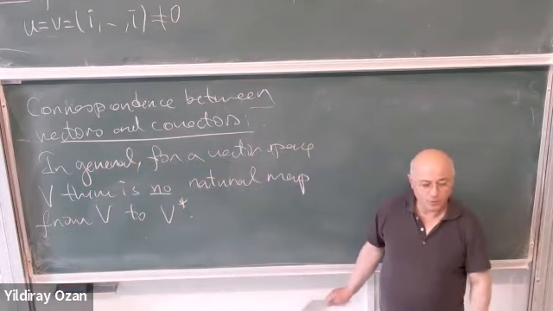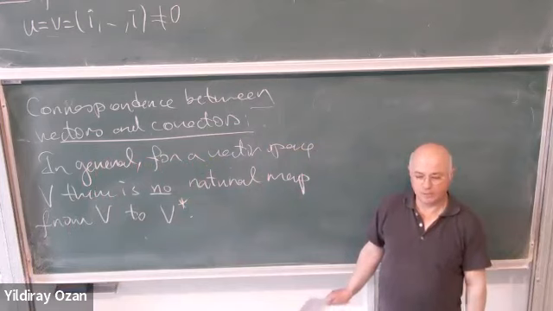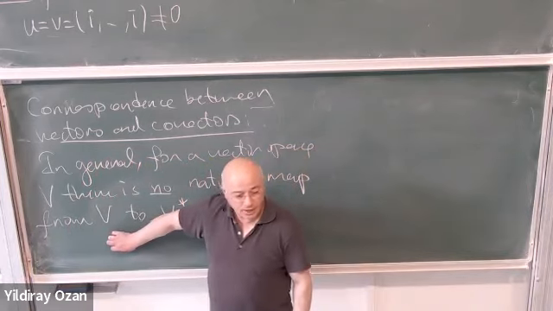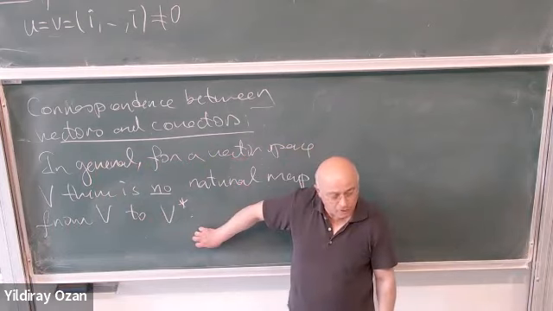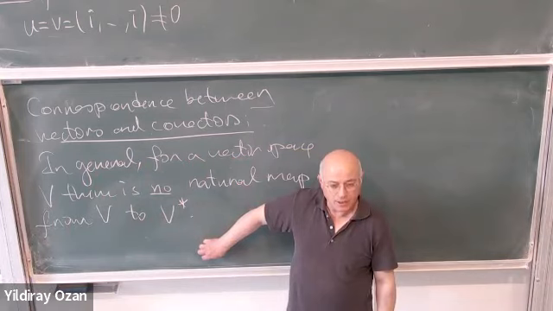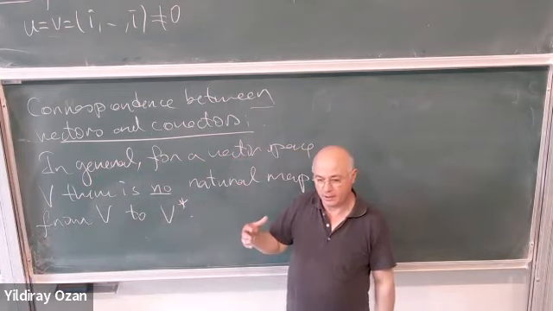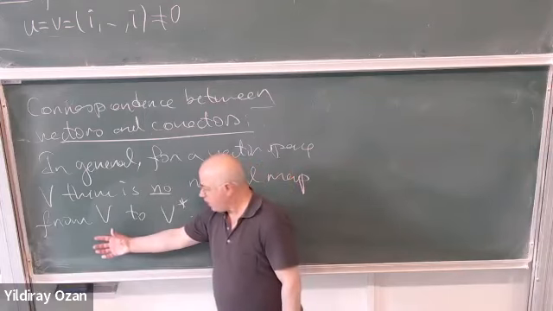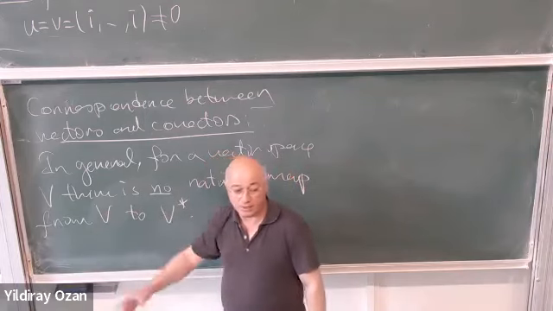In the first semester, we did the following. If we have a basis for this, then we found a natural basis for this, the dual basis, right? But there, I was given not just a single element, a basis.